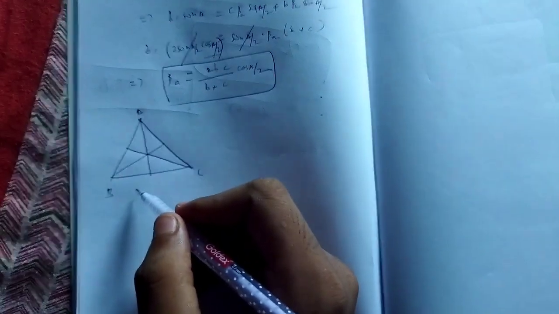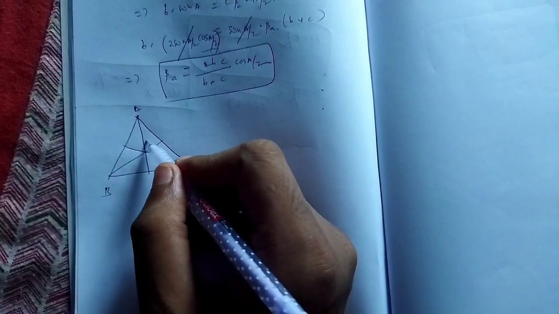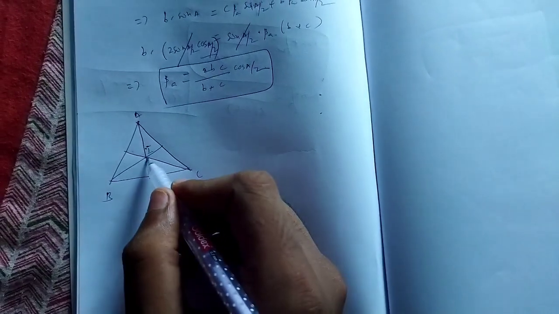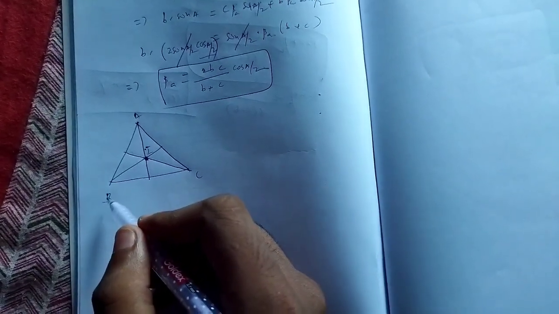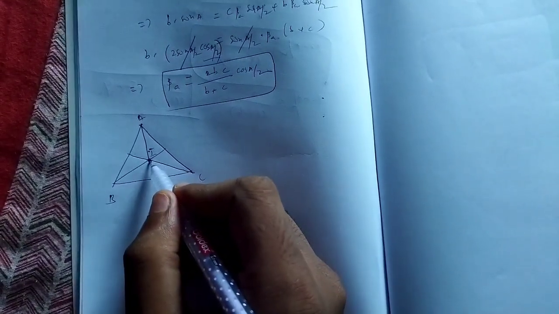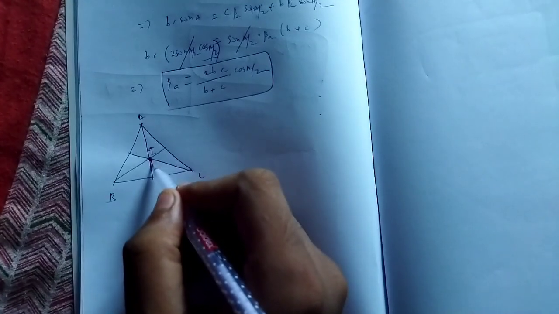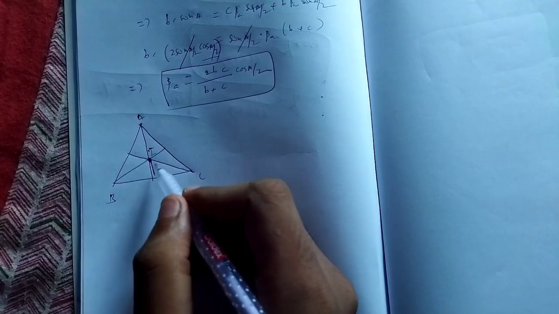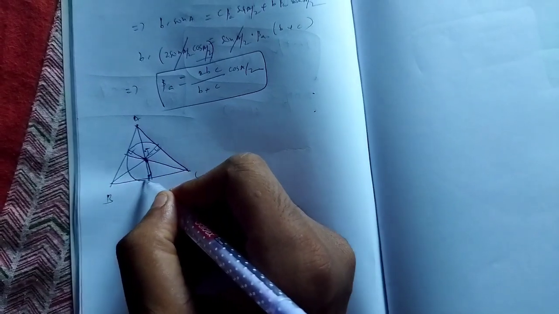So this is the incenter I. Making this incenter the center and drawing a perpendicular as radius, we can draw a circle.